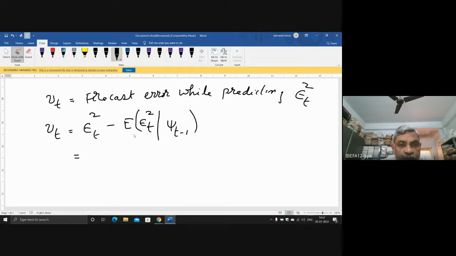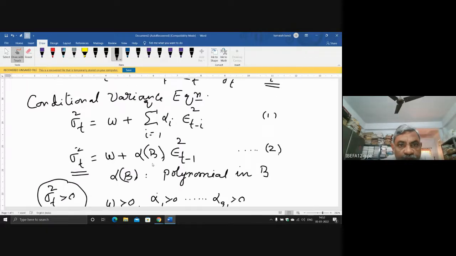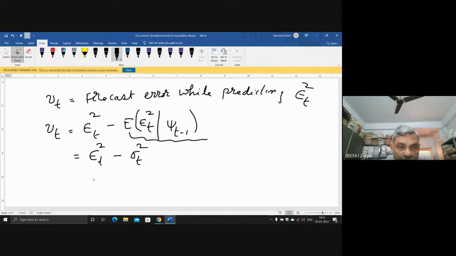So if you recall, this expectation is nothing but your sigma t square. Okay. So this you substitute in the conditional variance equation. By doing so, you try to eliminate sigma square t and bring in epsilon square. That means simply, bring sigma square this side.